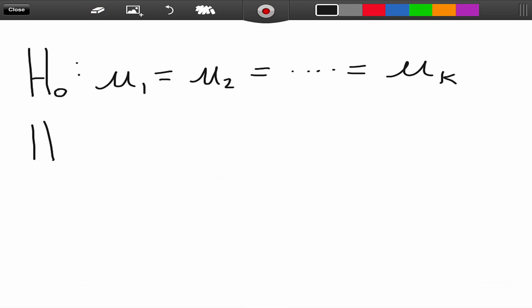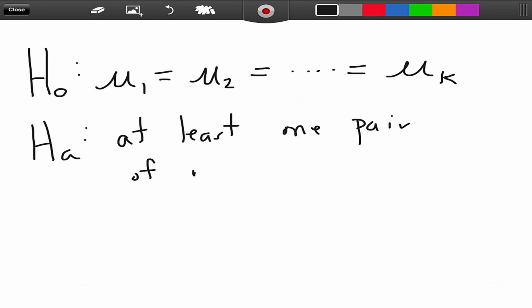The alternative hypothesis is that at least one pair of means differs.